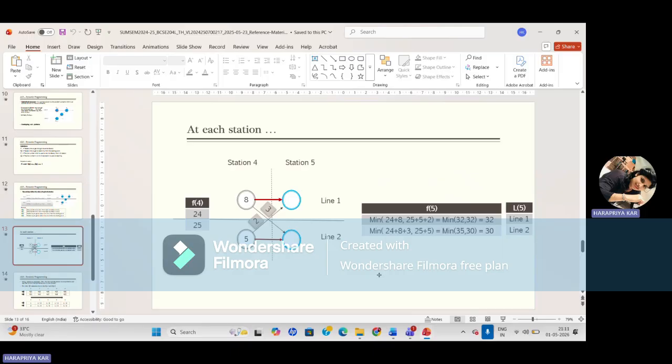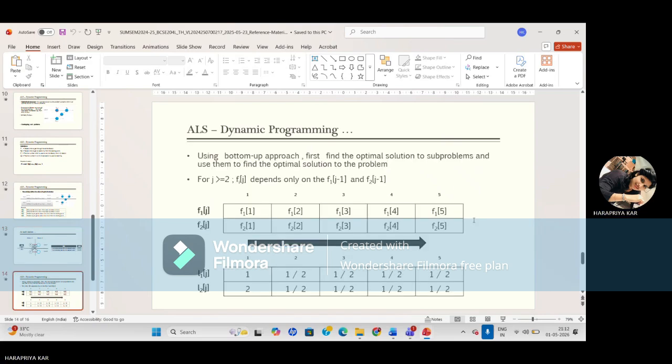Then minimum of 35 and 30. Always we have to choose the minimum one. So here, as it is the same, we take 32. Here the minimum is 30, so we choose 30. We have to check which is the minimum, based on the minimum time or minimum cost. So this is the answer. Whichever is the minimum, you have to take it over the station.